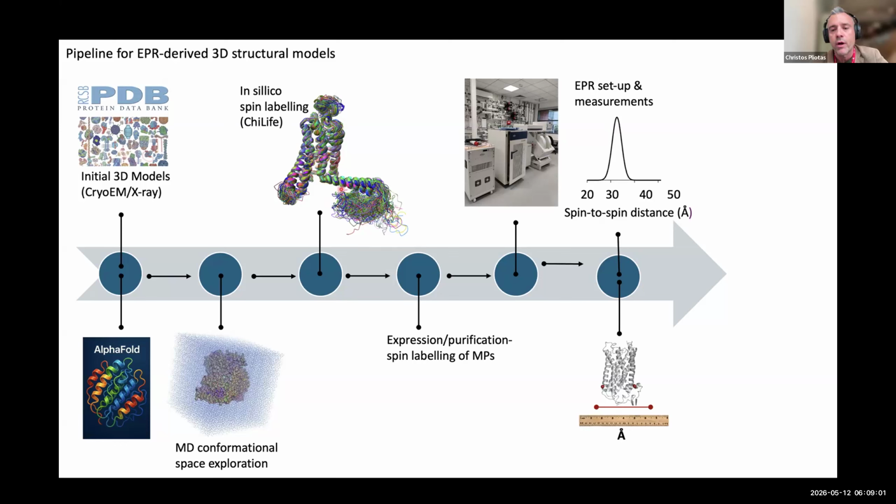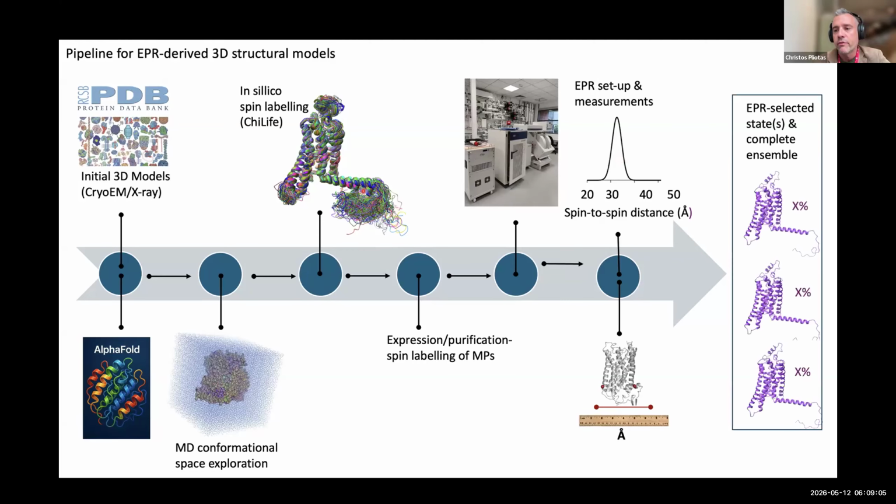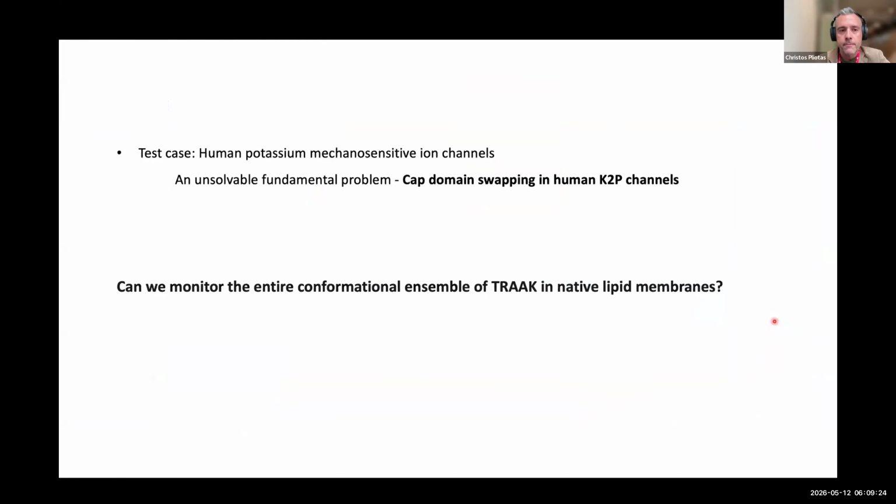And then, for instance, out of 1,000 frames, we fit the data and select for the frames that are present within the ensemble. And we can also determine the proportional representation of each frame within that ensemble. So that's what we really do. We combine molecular dynamic simulations with high-resolution distance restraints and obtain entire conformational ensembles of membrane proteins in lipids.